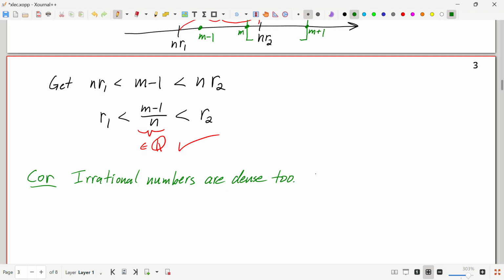Meaning, given R1 less than R2, real numbers, there's an irrational number.